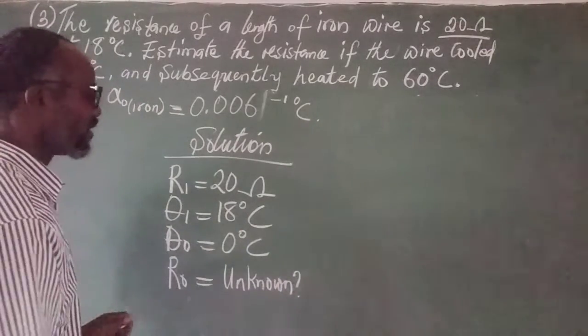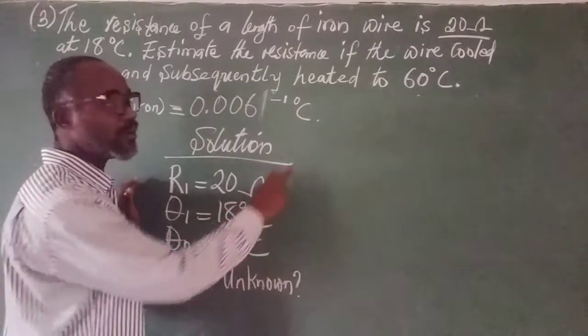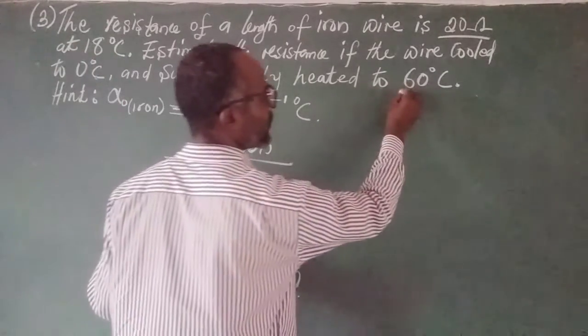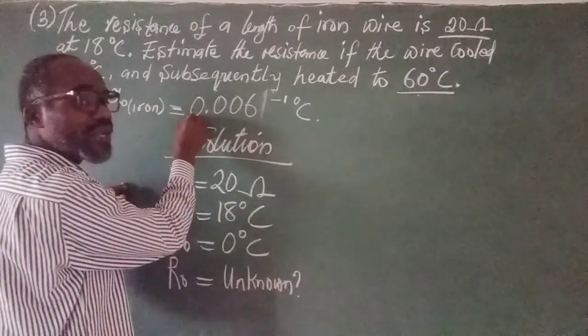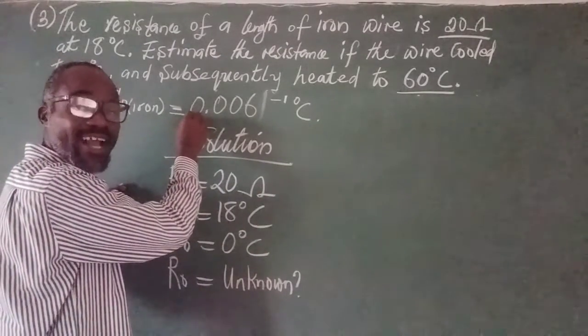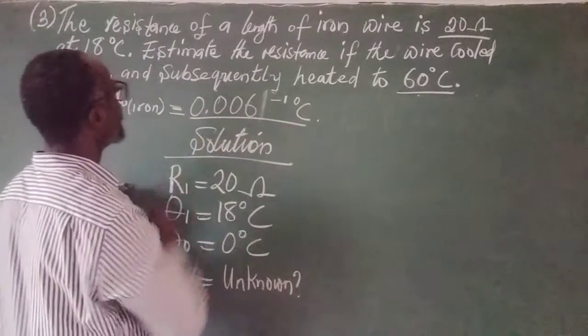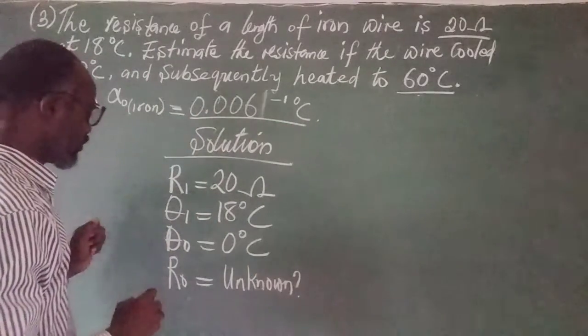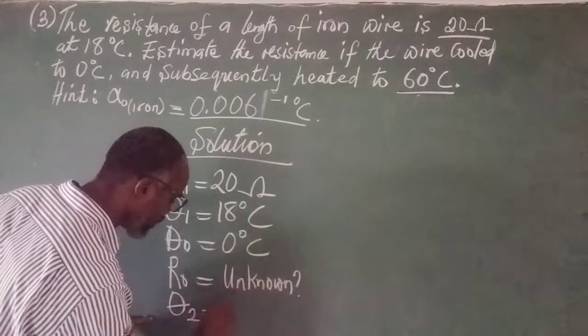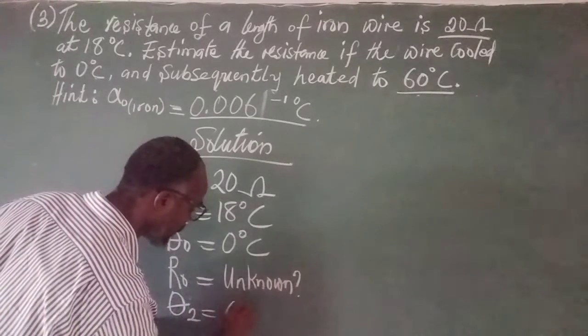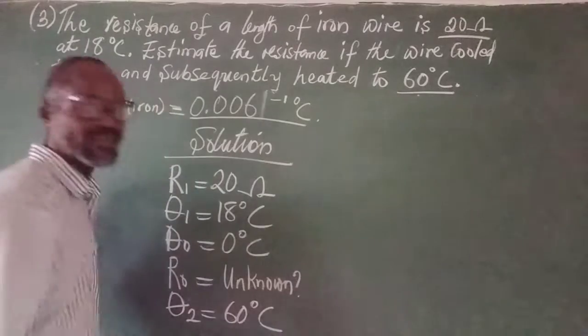Also, we have another one. This is theta 2, and then this is the temperature coefficient of the iron wire. Very, very important. So theta 2 is also 60 degrees Celsius, right?